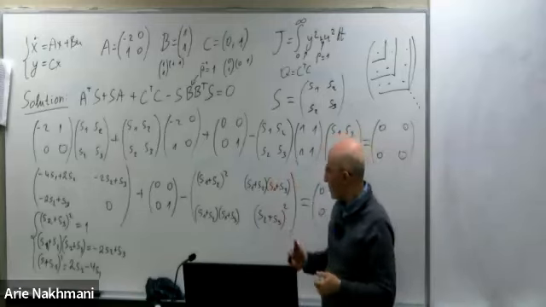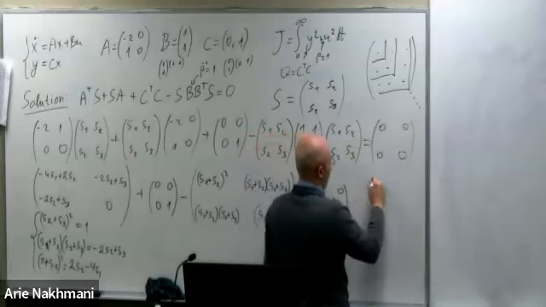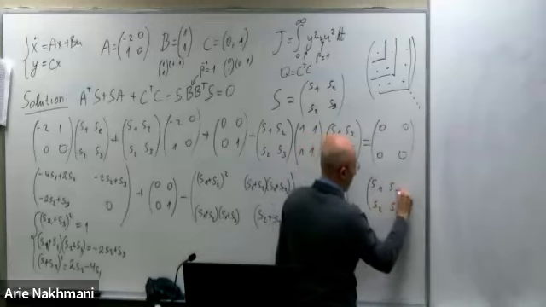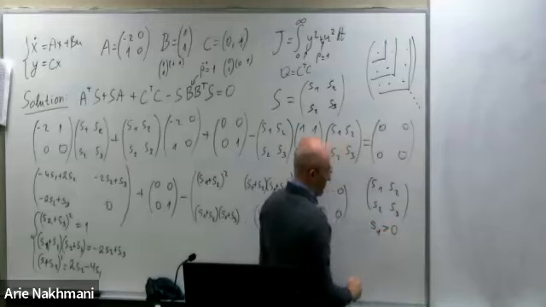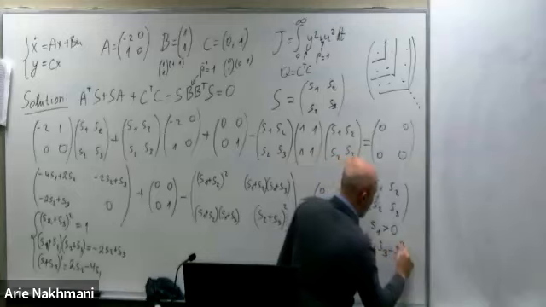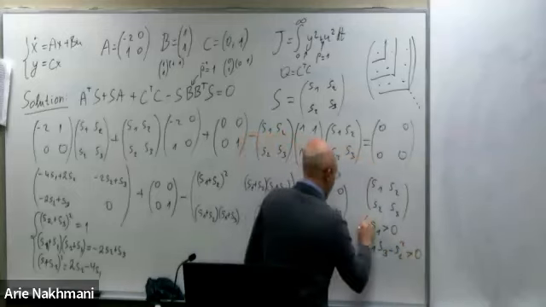In our case, to identify that some matrix S, which is S1, S2, S2, S3, is positive definite, it means that S1 is positive and S1 S3 minus S2 squared is positive. These are the conditions, right?